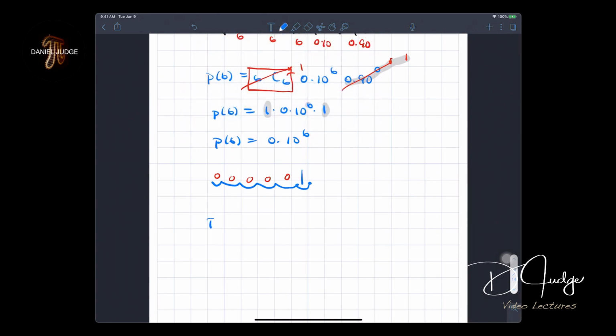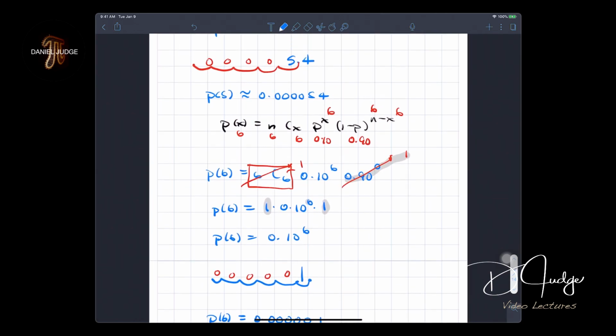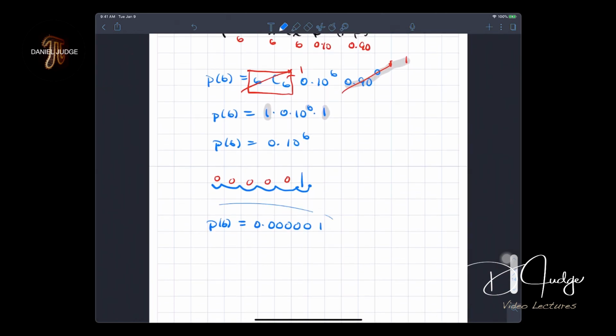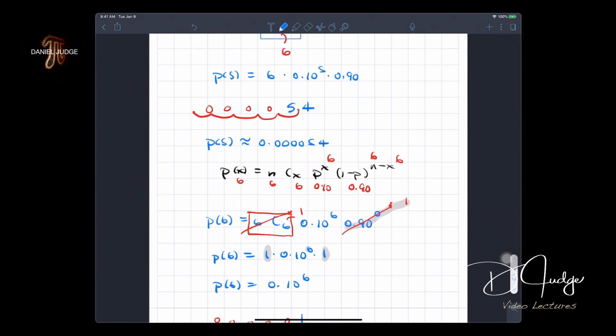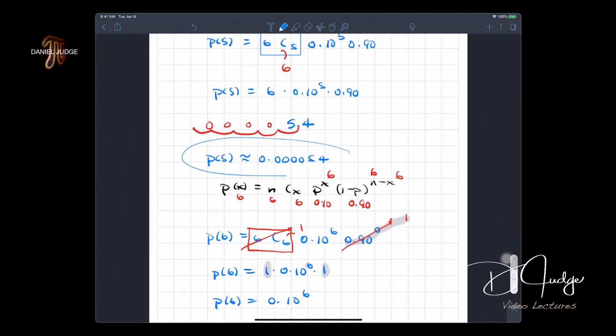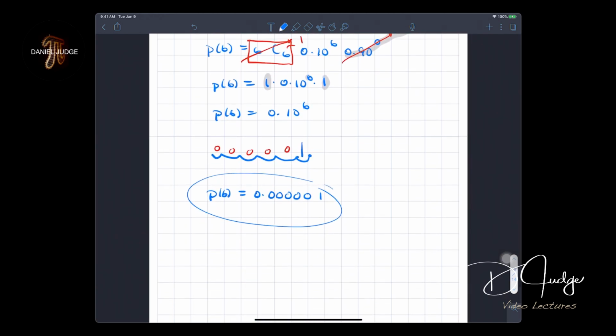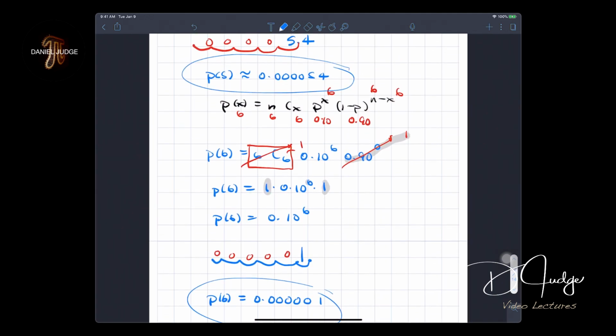This is why I'm writing all of them. So P of 6 is 5 zeros with a 1. I want to make sure this is emphasized: P of 5, P of 6. There's 6 zeros there.